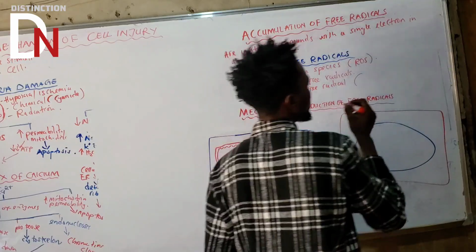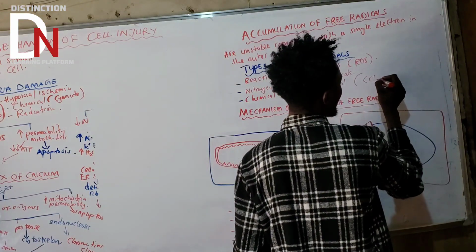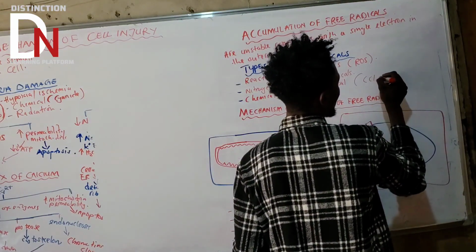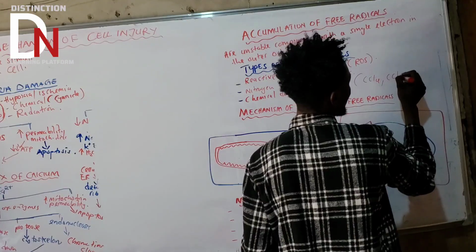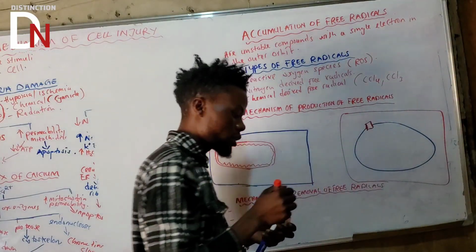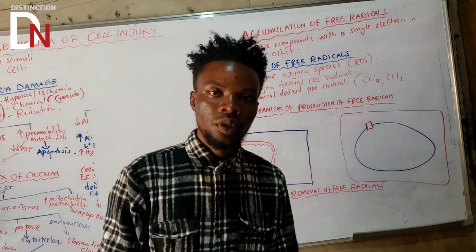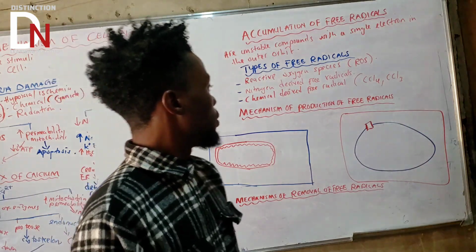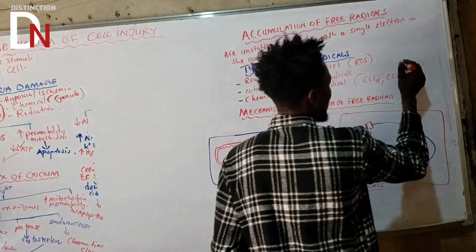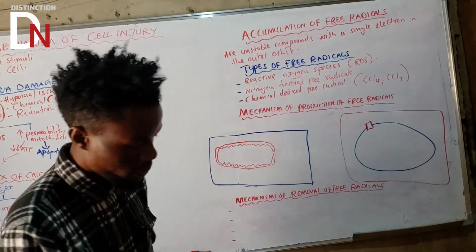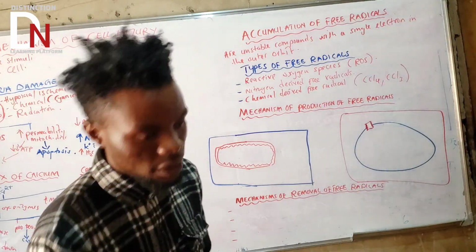Like methane tetrachloride, or methane trichloride. Those are chemicals, and these are very, very dangerous chemicals that can cause damage to the cell.